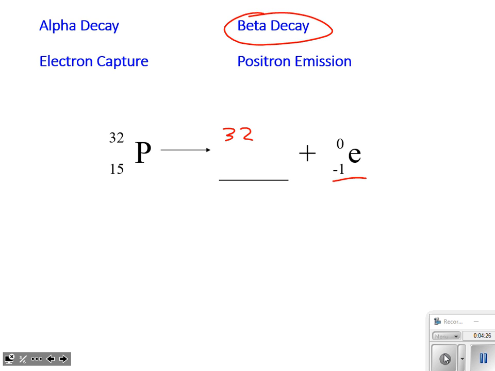What minus 1 will give me 15? I think 16. What is element number 16 on my periodic table? That is sulfur. So this is the beta decay of phosphorus 32 to give me sulfur 32 and the beta particle.